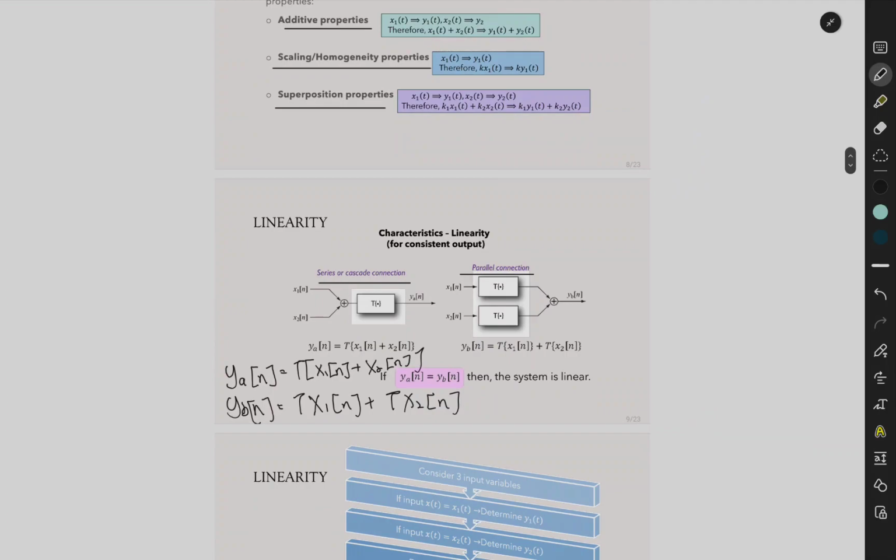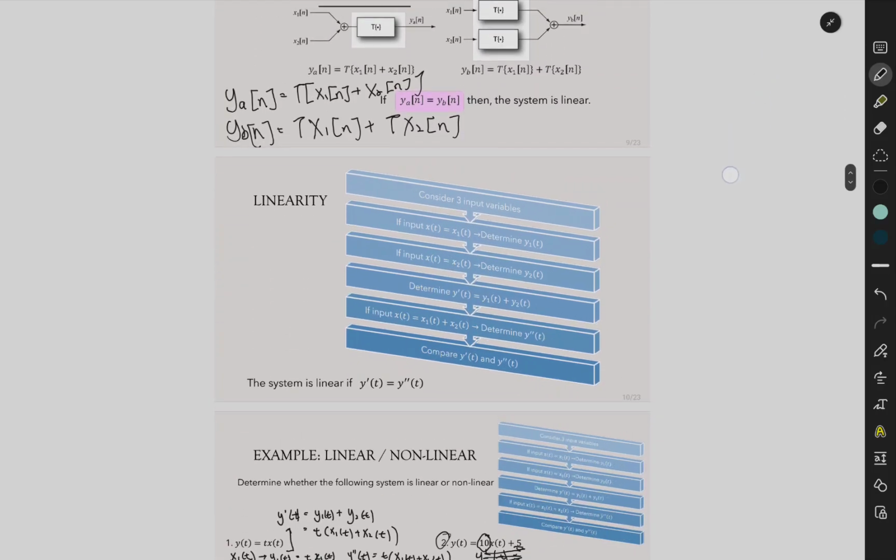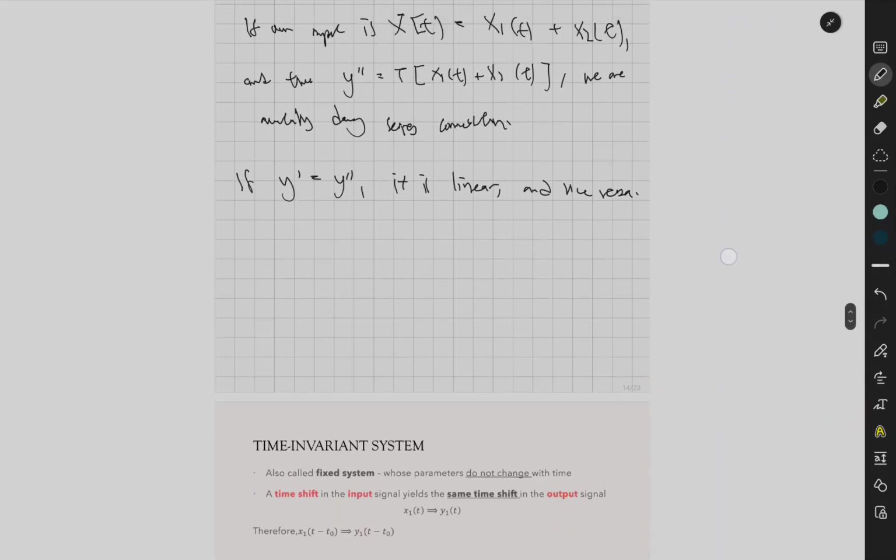Series cascade uses x[n] equals x1[n] plus x2[n], and we substitute into the system. For parallel connection, we need y1[n] for x1[n] and y2[n] for x2[n], and y1 plus y2 equals y double bar. If y double bar equals y bar, then everything is okay.